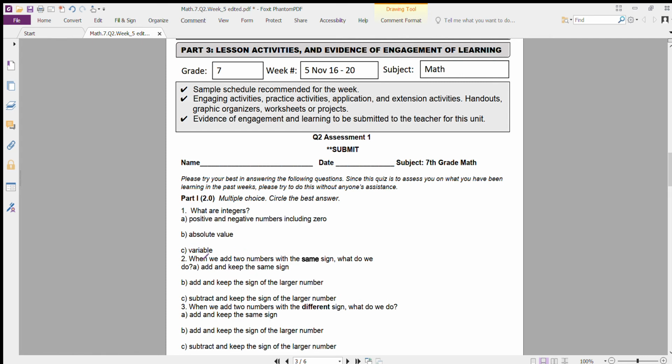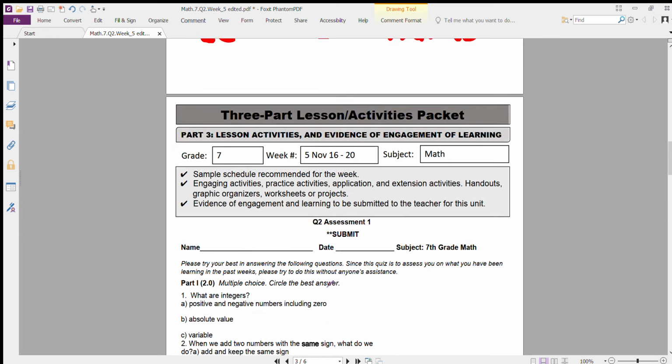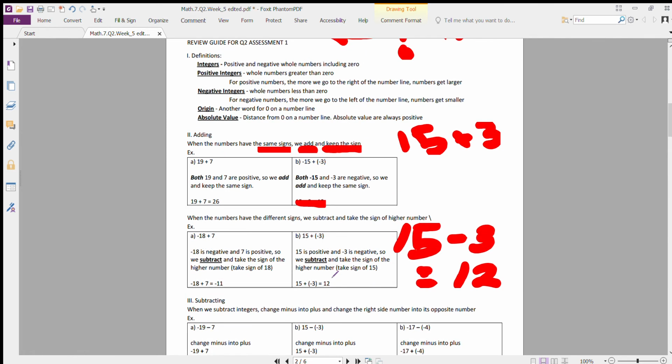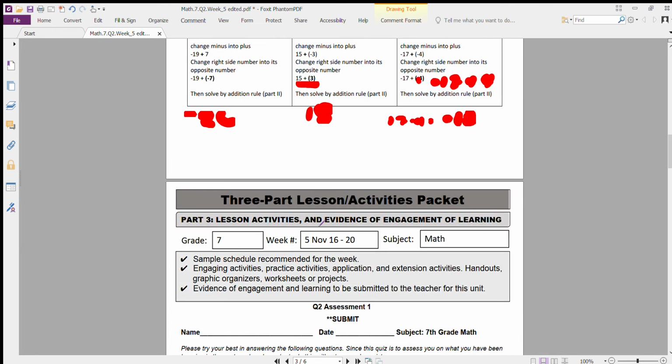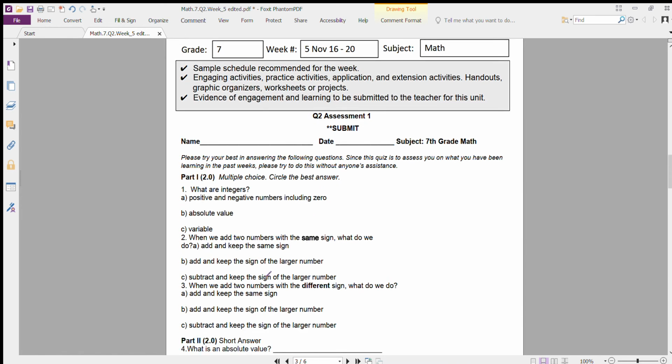Now, we have a question again. When we add two numbers with the same sign, what do we do? It's right here. Same signs, we add and keep the sign. So which letter should I choose? You choose, guys.